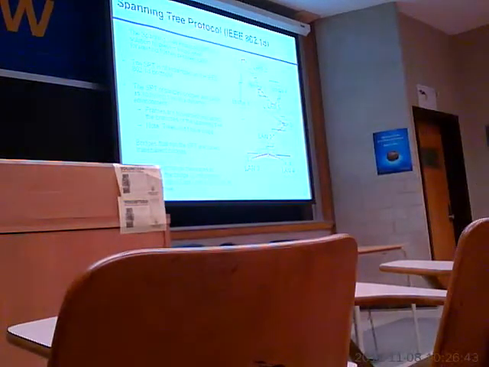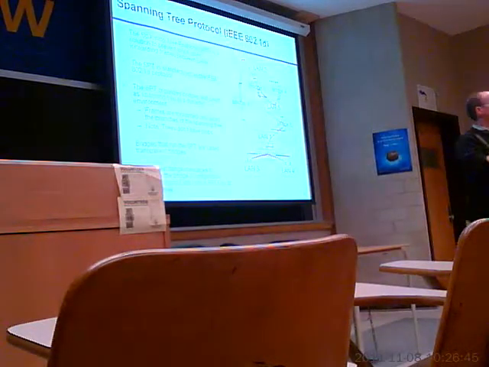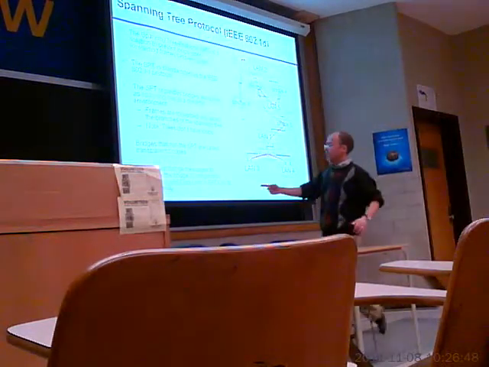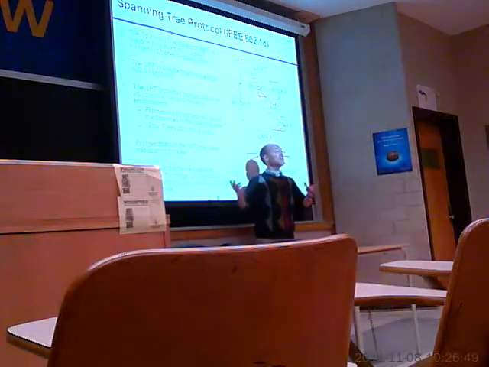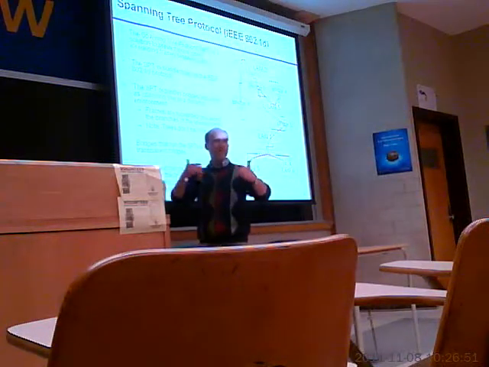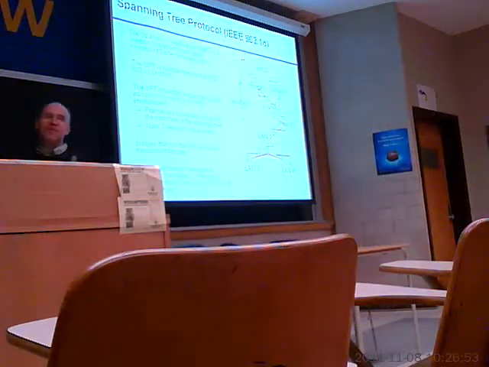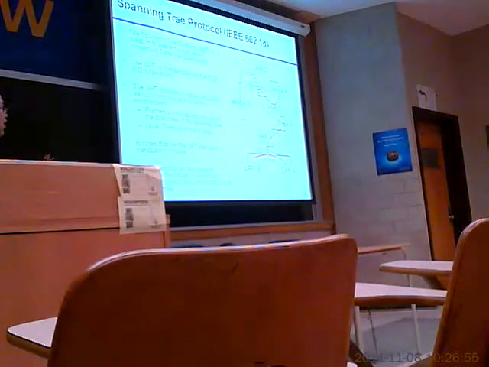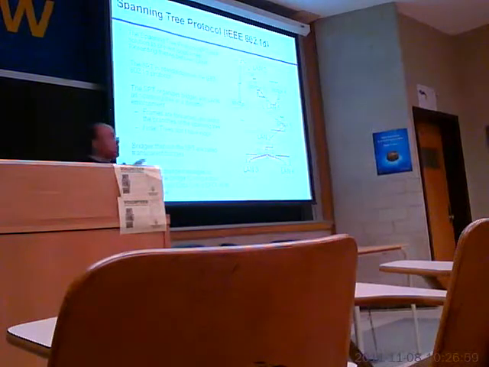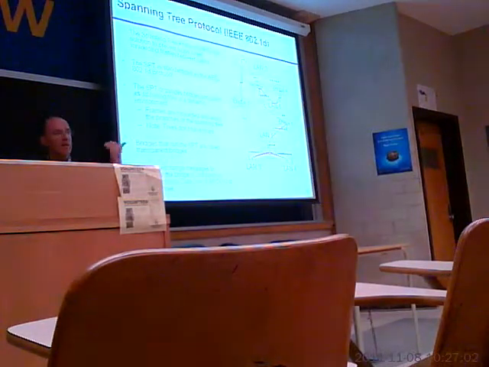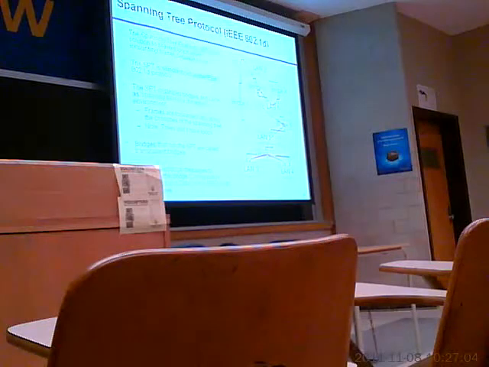That's why we use the word bridge and not LAN switch, because everything in the protocol is written in terms of bridges. So today I'm going to explain how this spanning tree algorithm works, and then we can compute an example.